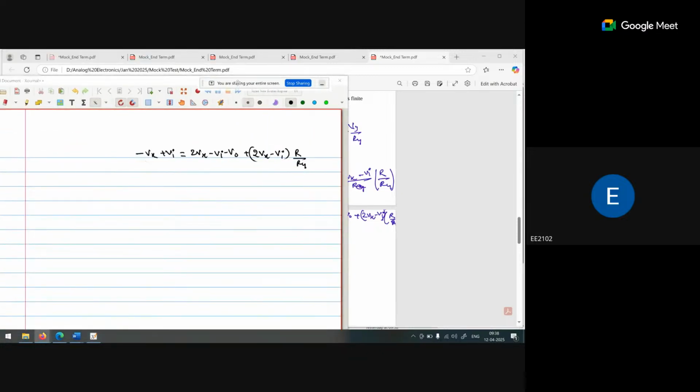If I simplify in terms of Vx, I am putting the Vi terms in one direction, this Vi plus Vi, and this Vi is plus Vi times R by R4.